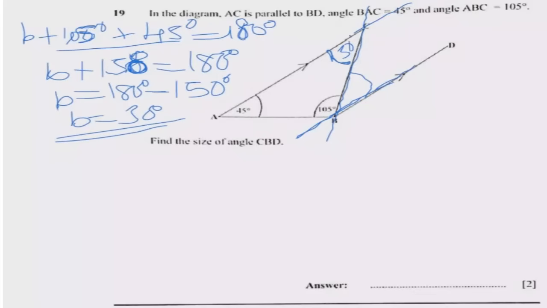So if angle ACB is alternate to angle CBD, that means angle CBD is also 30 degrees. Okay, so the angle CBD is equal to 30 degrees, and that's the answer we write here.